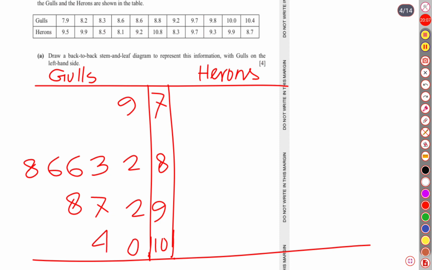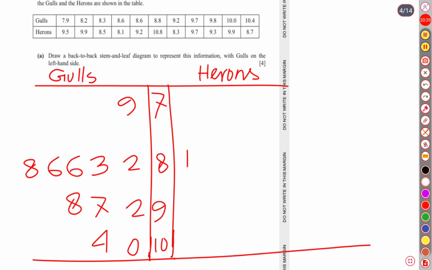Then for herons, it's not arranged, but we'll have to arrange it. Let's see how many digits are there after 7. There is 1, 5, 3, 7. That is 1, 3, 5, 7. So not 7, it's after 8.